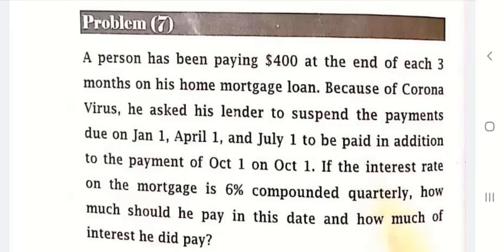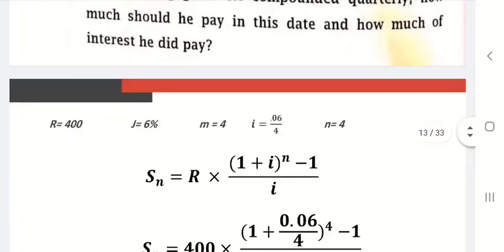So we have 4 annuities. N will be equal 4. And the nominal rate here equals 6% compounded quarterly. So J equal 6%, M equal 4, and I will be equal 6% over 4.